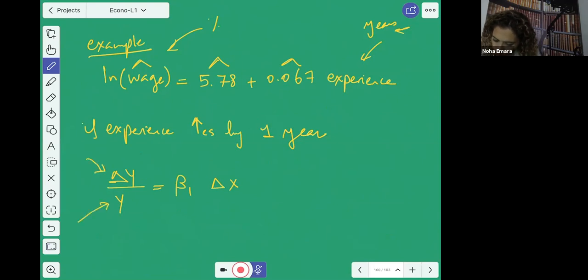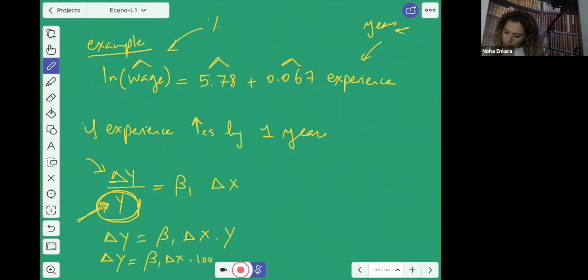If this is 5, then this is also 100. All the time, whatever I have down here is 100, right? So I can actually write it this way. The change in y is equal to beta 1 change in x times y. And I can make it easier and write it this way. The change in y is equal to beta 1 change in x times 100.